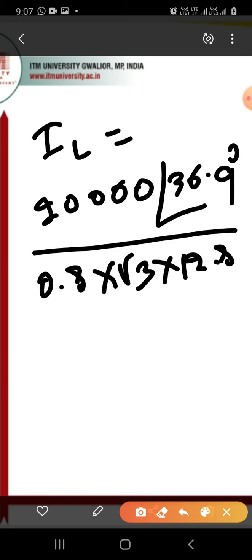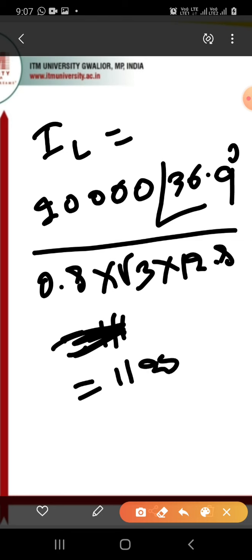So after solving I can write IL as 1128, angle is 36.9 degree. Obviously the unit of current is ampere.